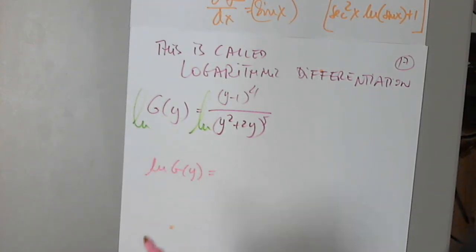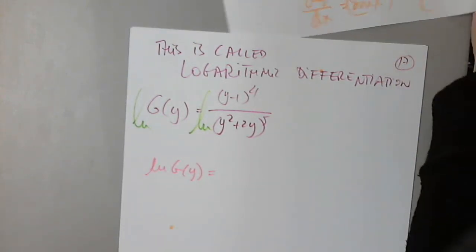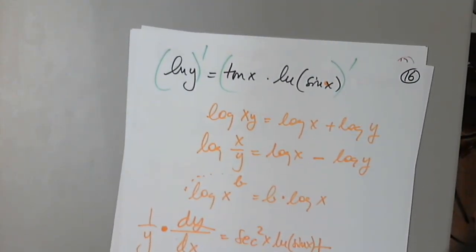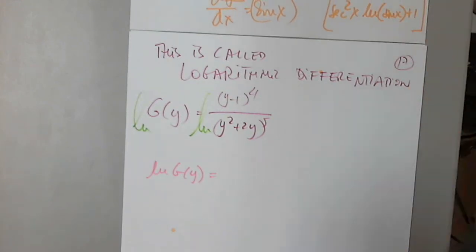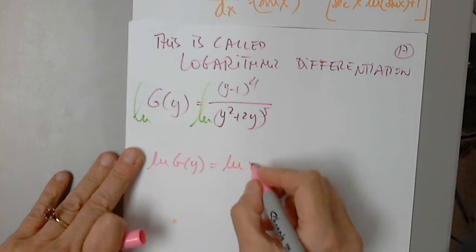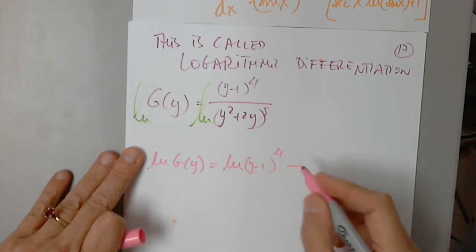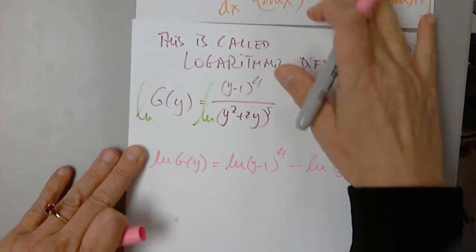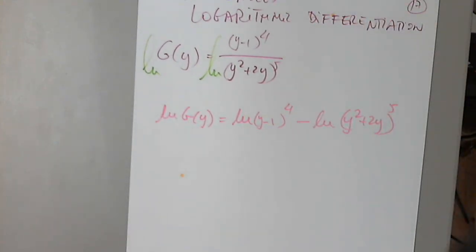But what about the right-hand side? And that's one of the reasons why I reviewed the 3 properties. So can anyone tell us what to write on the right? The natural log of (y minus 1) to the 4th minus natural log of (y squared plus 2y) to the 5th, because natural log applied to a ratio is the difference of log of the top minus log of the denominator.